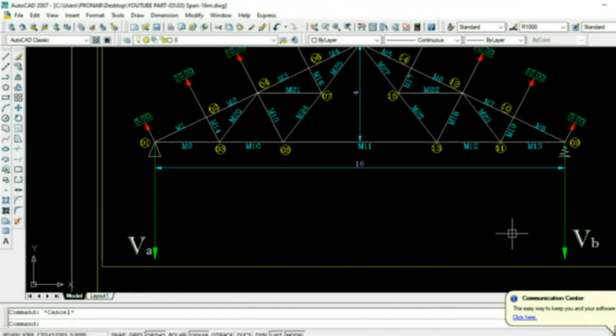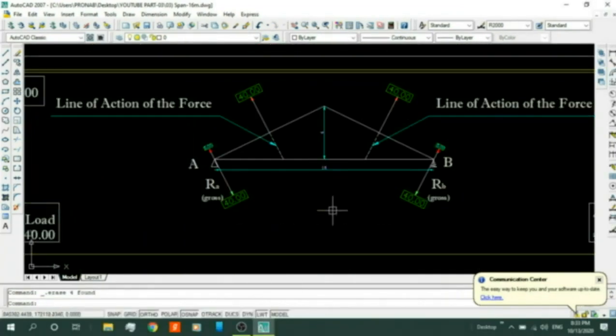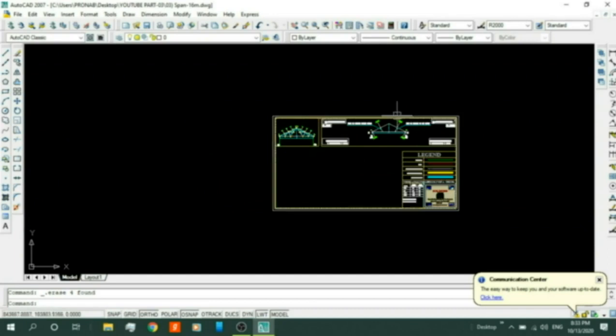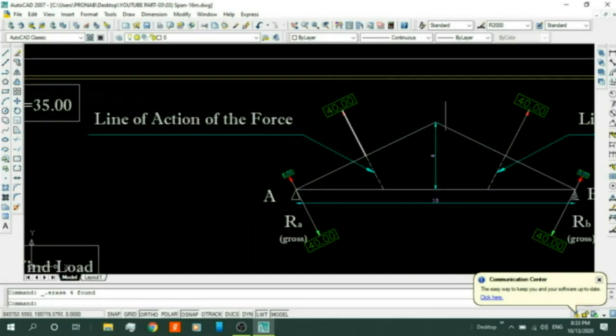In roller support, no horizontal reaction will develop. In this figure, this is 40 kilonewton total wind load in left side and 40 kilonewton total wind load in right hand side. Now I am resolving one of this 40 kilonewton load.